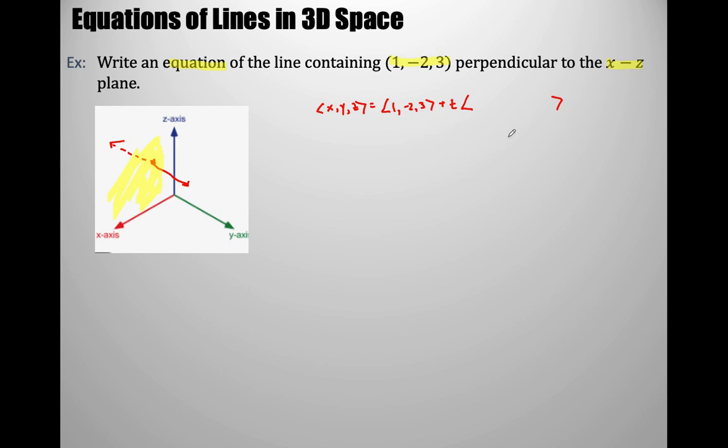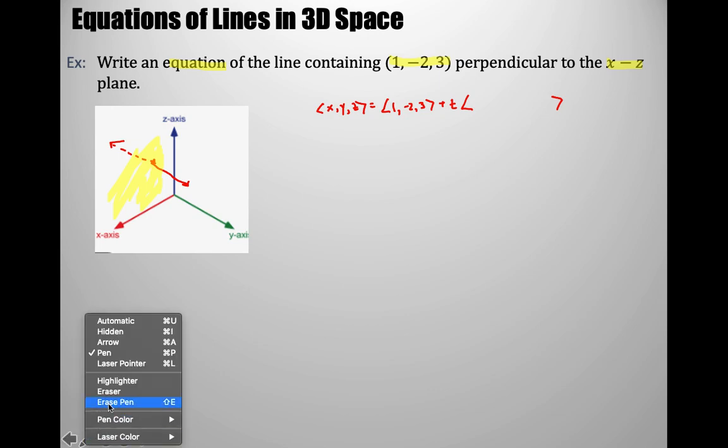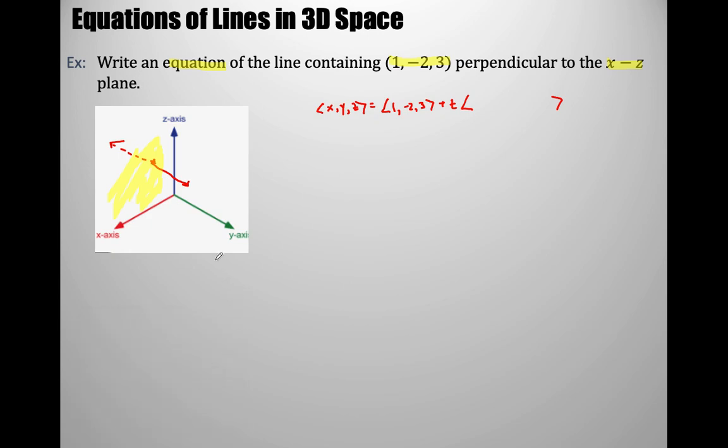So what needs to be true about this? I mean, this direction vector, really, I just need to have something that is parallel to that line I've drawn, but I need to make sure I'm up here, right? That I get up here. So I need to make sure that I go over 1 and back 3, right?